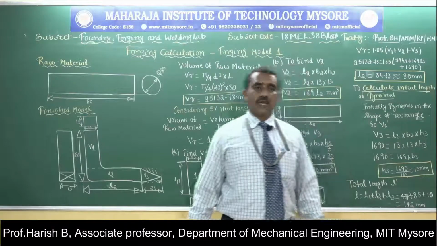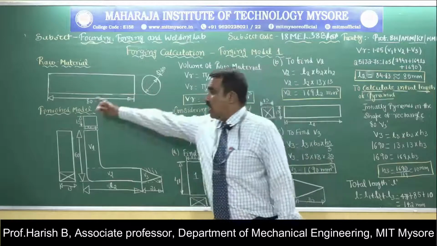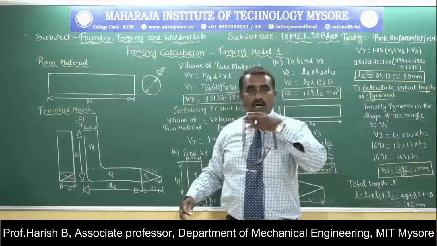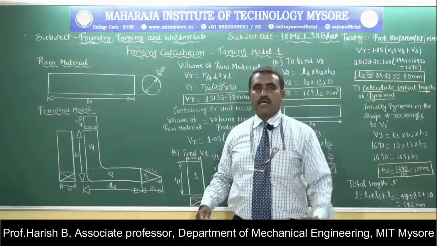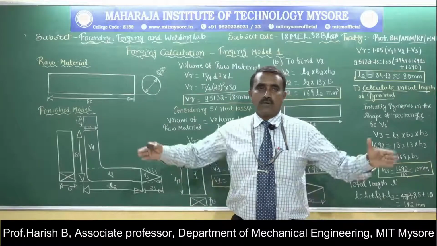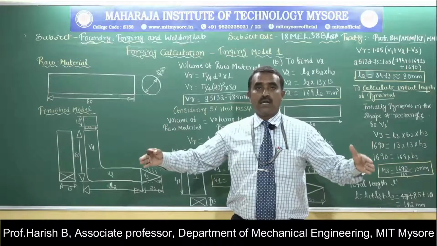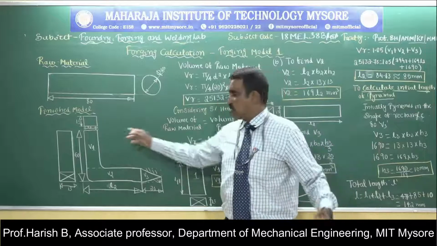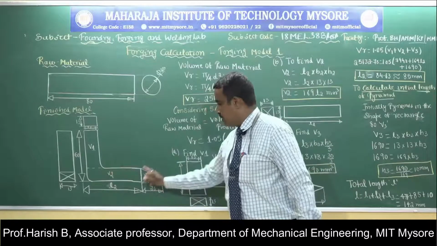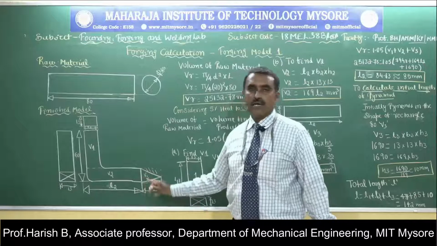So I should get the total length. Initially it is an 80 mm length. When I heat it to red hot condition, then apply the external force, what should be the total length? Once I change the original length into the finished length, then I should do the bending operation in order to get the triangle shape.